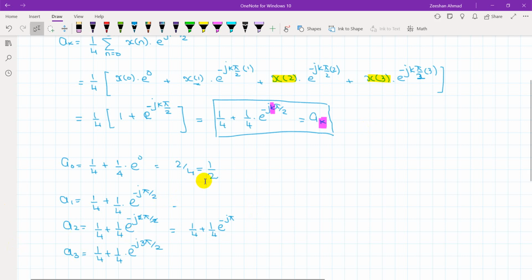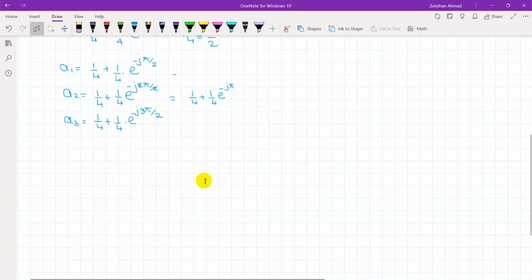So if you want, you can find the magnitude and phase spectrum quickly here. So let us have it here. For example, for A0, I'm talking about the magnitude spectrum here.